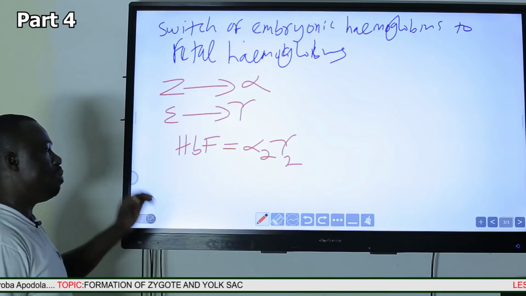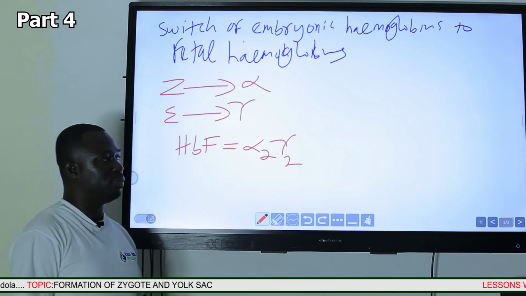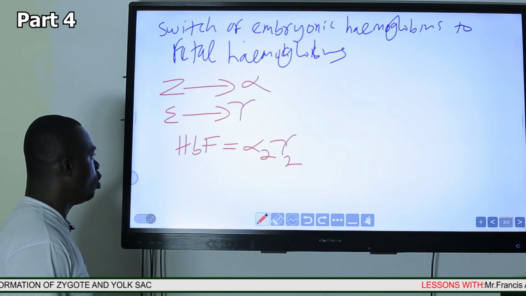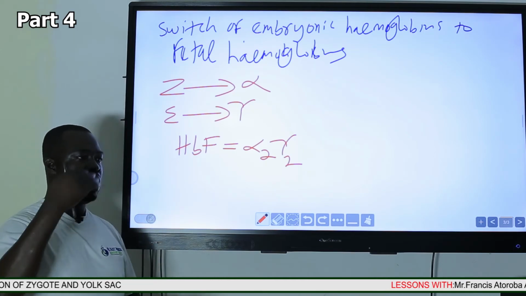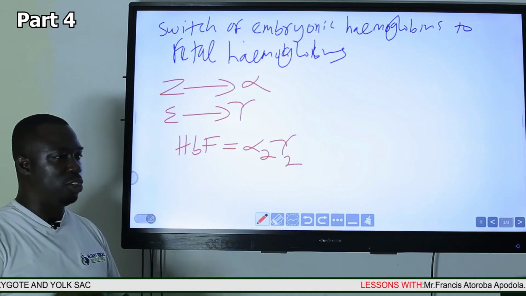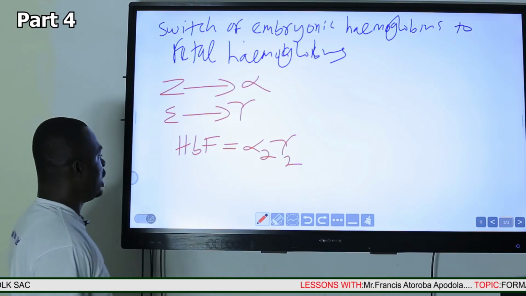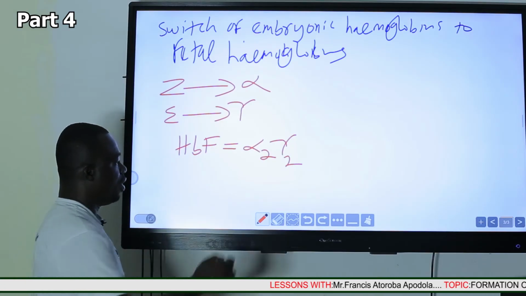F. So the most predominant hemoglobin in the fetus is the hemoglobin what? F.